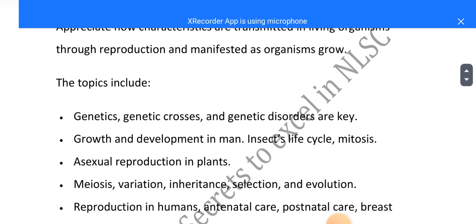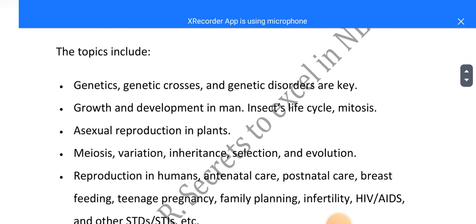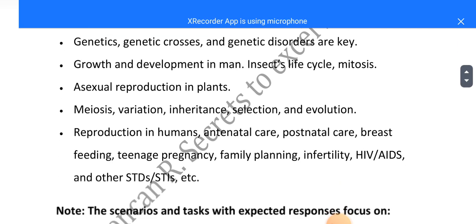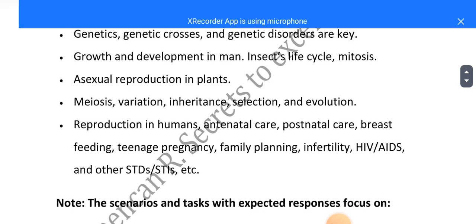They can also bring reproduction in animals, like antenatal care, postnatal care, breastfeeding, teenage pregnancy, family planning, infertility, HIV, AIDS.